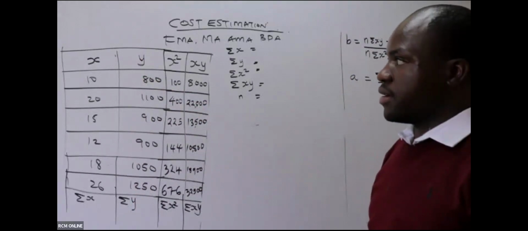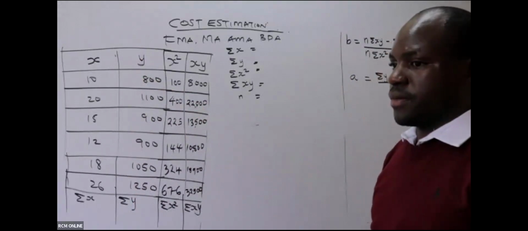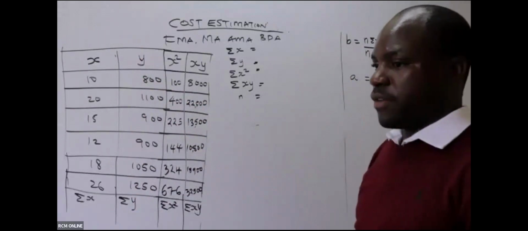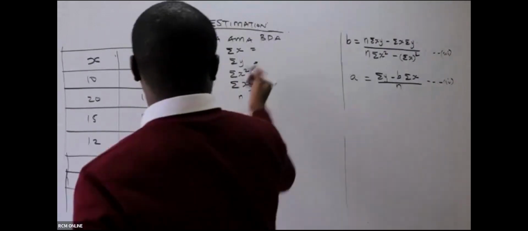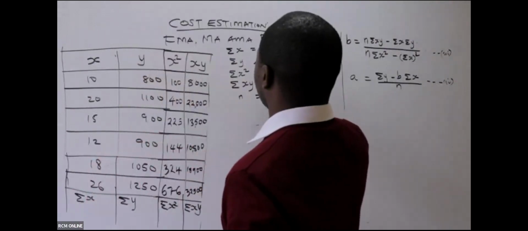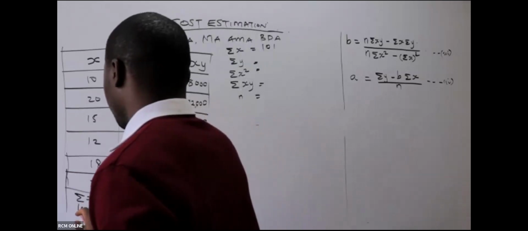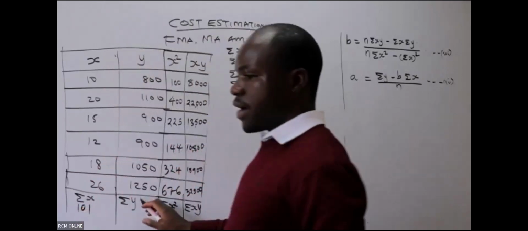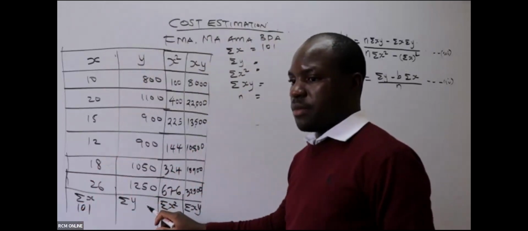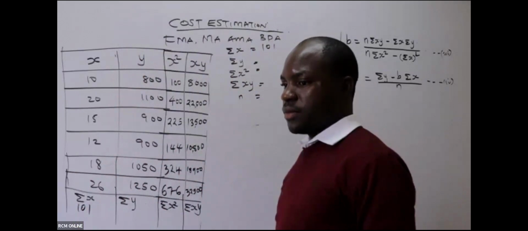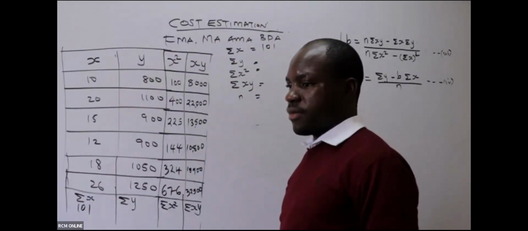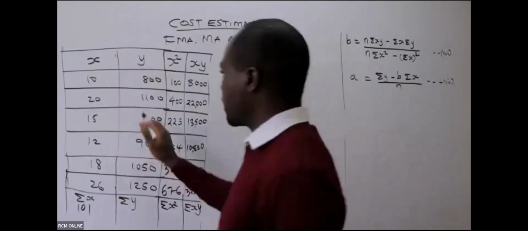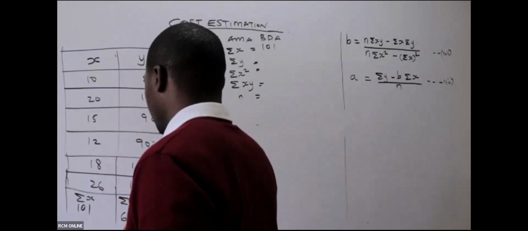So x, we have 101. Thank you. Summation of y, what are we getting? 6,000. So when you add everything here, you'll be having 6,000.